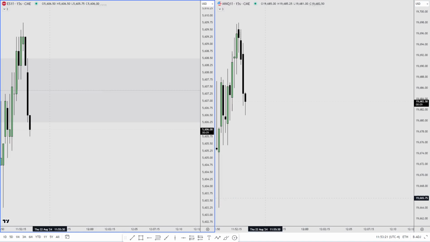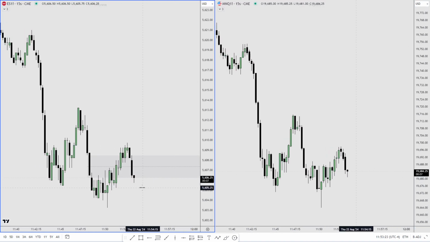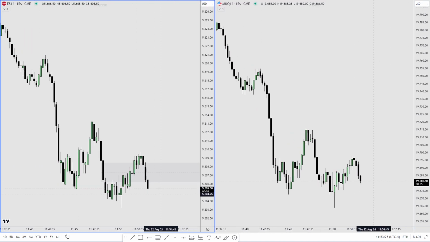Would prefer a SMT first before any major move higher.